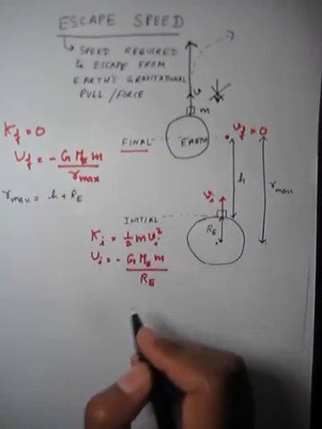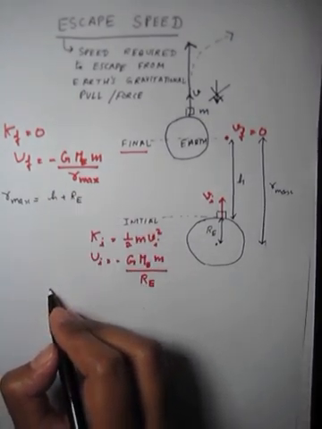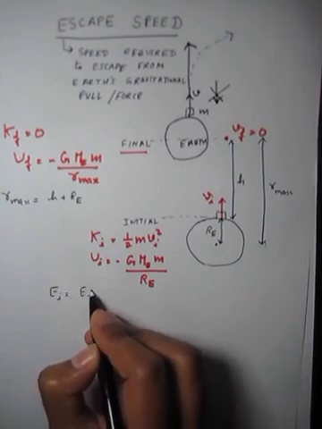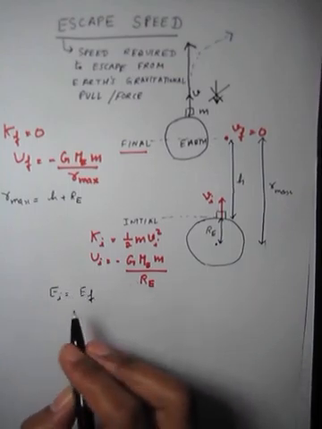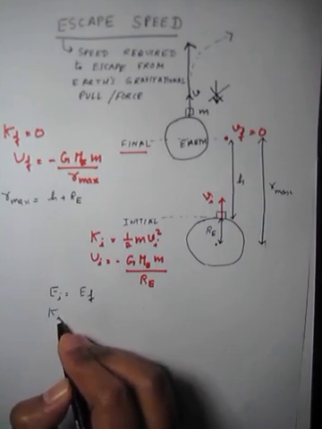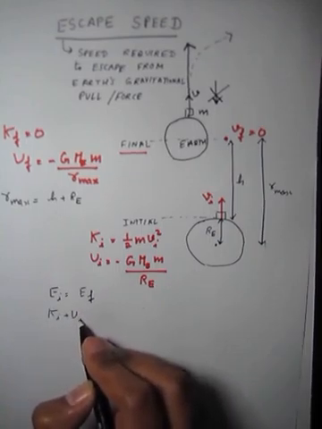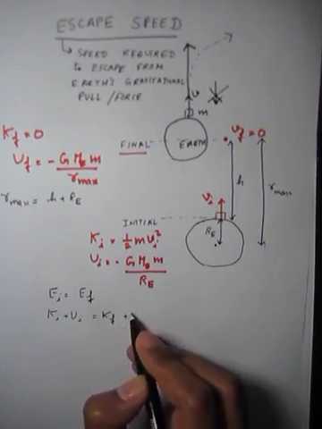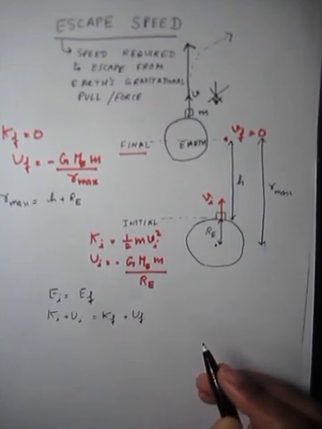So now if we use energy conservation, then the total initial energy will be equal to the total final energy. So initial kinetic energy plus initial potential energy will be equal to final kinetic energy plus final potential energy.